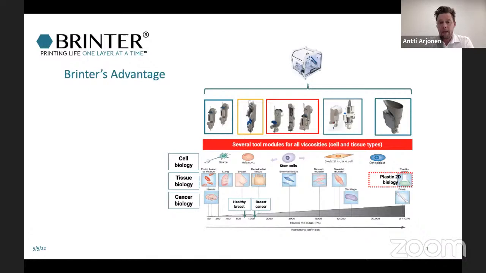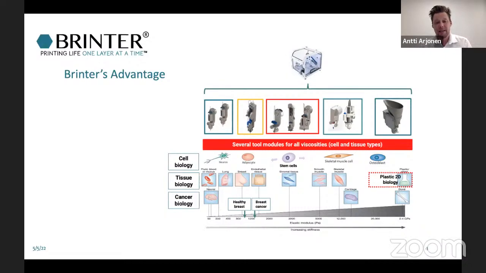With the printer, you can have multiple different kinds of tool heads, all the way from liquids to silicones, and up to ceramic pastes and melted plastic.